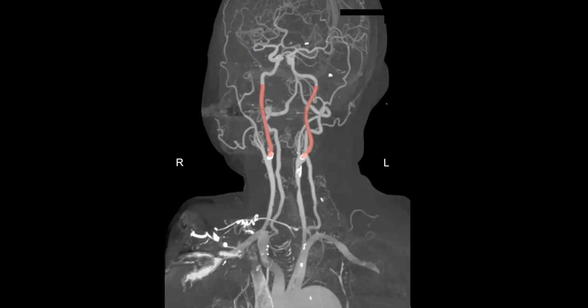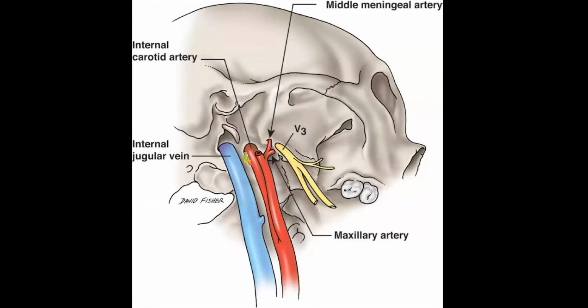So when you come to that fork in the road, you can either go to the internal or the external carotid. So we're going to go obviously into the internal carotid. And as we enter the tunnel of the carotid canal, we also enter the petrous bone. And this is unsurprisingly the C2 or the petrous segment of the ICA.